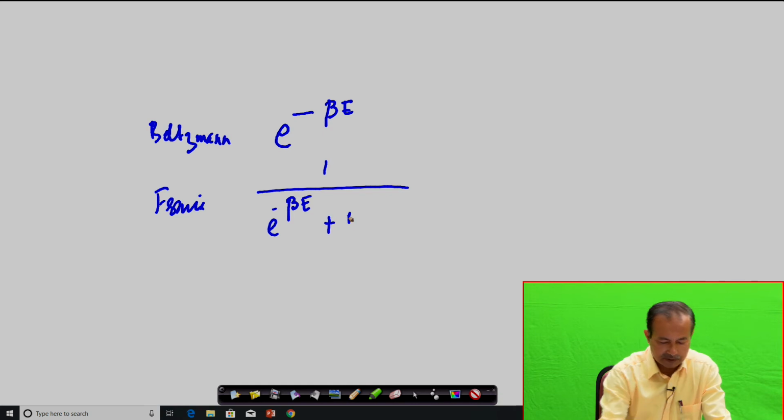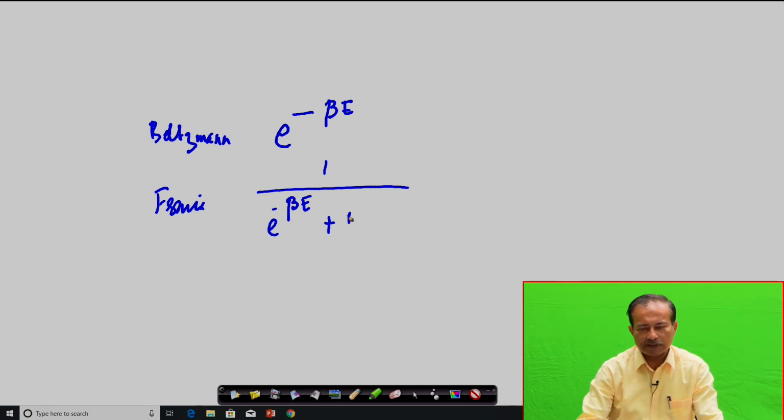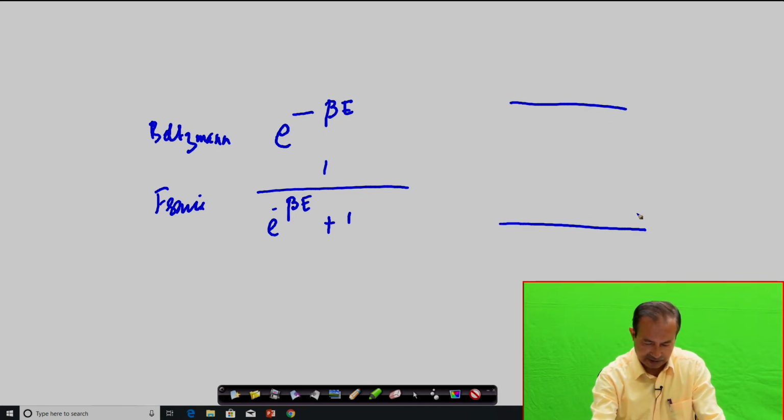plus 1. Now, in either of these cases you will see that at any temperature which is non-zero, suppose you have a gap like this and this is, as you said, 1.1 eV, this gap, and the thermal energy is extremely low, say 26 meV.